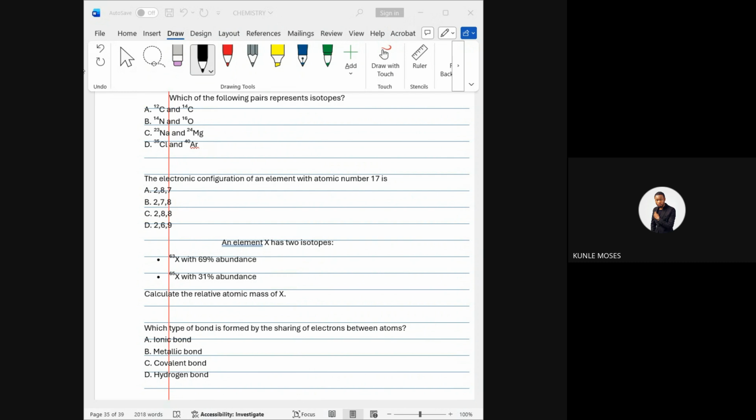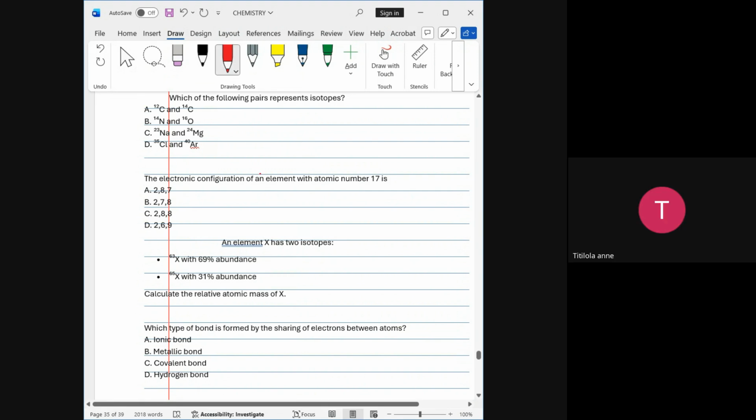Titi, what do you get? I got 2.28. Yes, sir. I'm not sure that would be correct. So relative atomic mass is equal to summation of what? Isotopic mass, right?